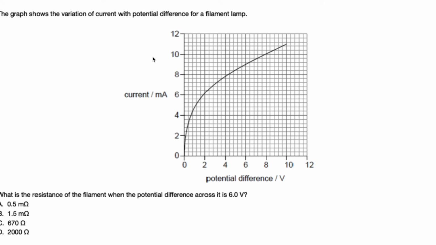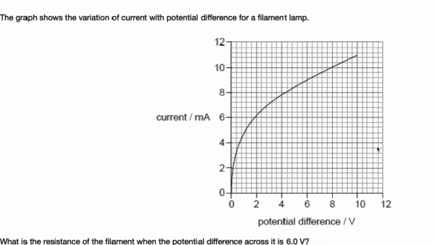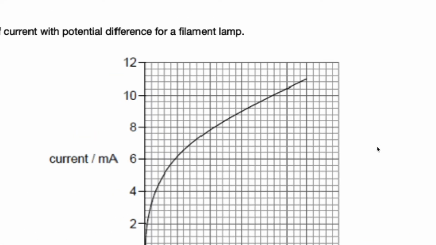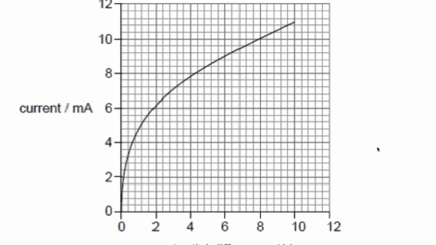The graph shows the variation of current with potential difference for a filament. What's the resistance of the filament when the potential difference across it is 6 volts? Six volt is here. So here's 6 volt.